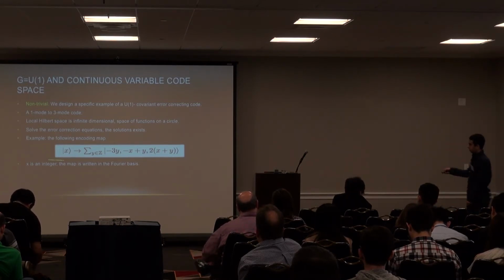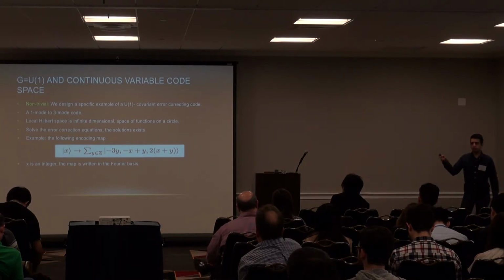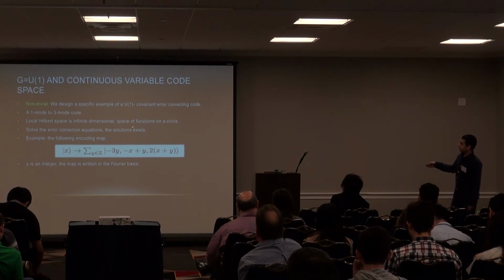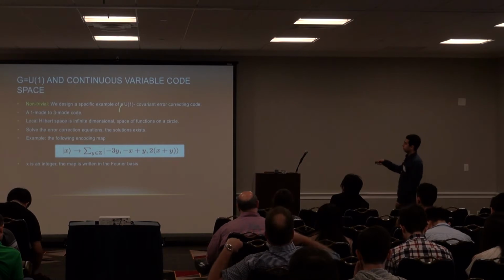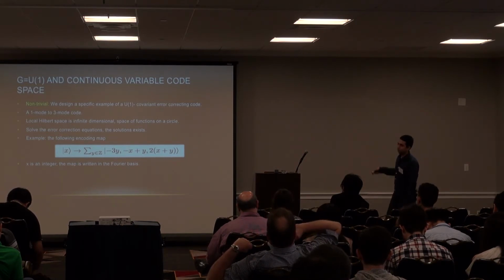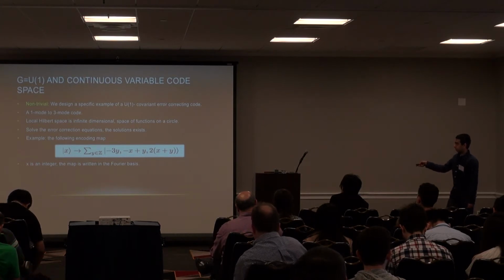And the X are integers, which are the Fourier basis elements, since it's written in the Fourier basis. This X is an integer because this space of functions, this circle, is compactified. I get just integers. So this is one version of the map.